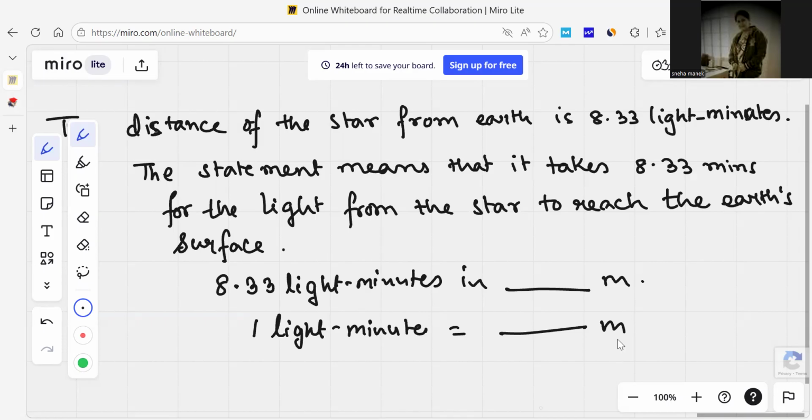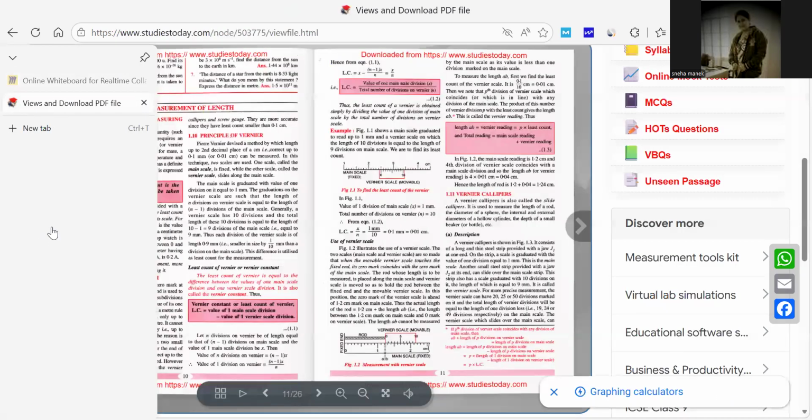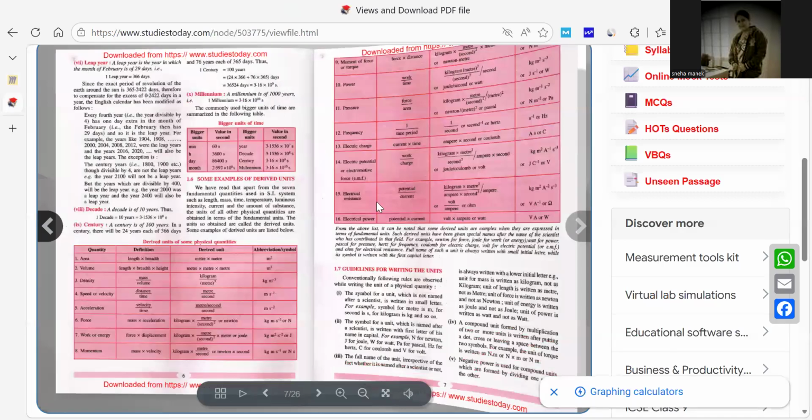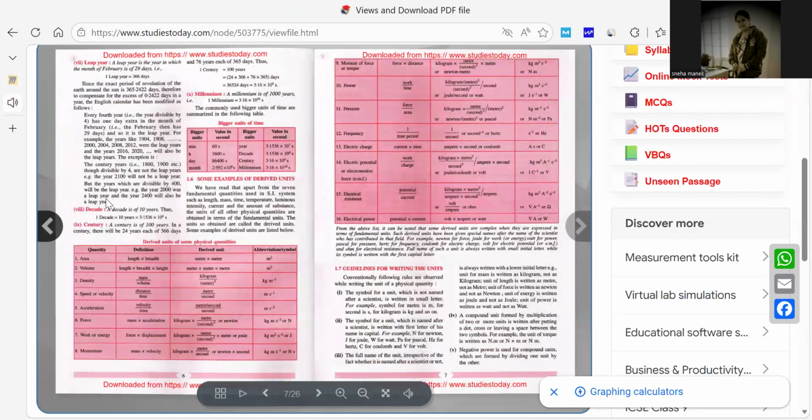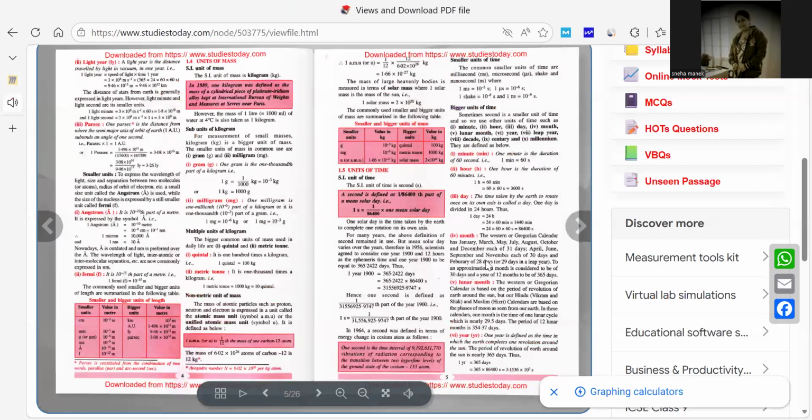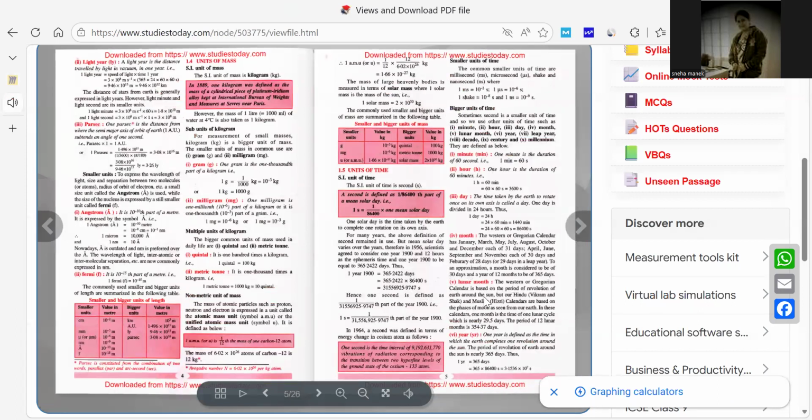As much as I know, it's already given in the book, like 1 light year equals this many meters, this many kilometers. So please, same for the light minute as well. Let me show you on the screen, here it's given in the book.